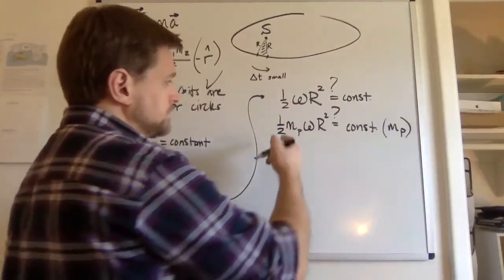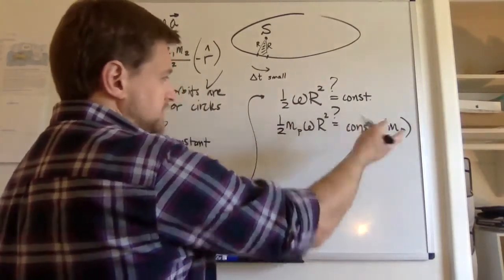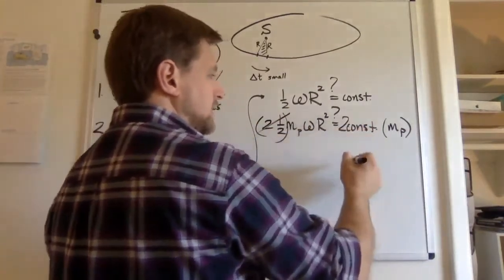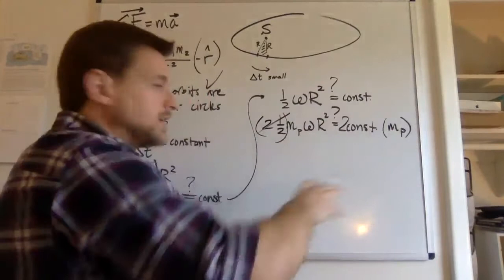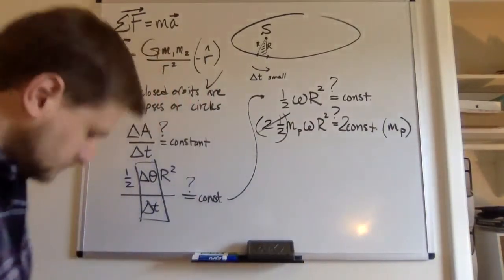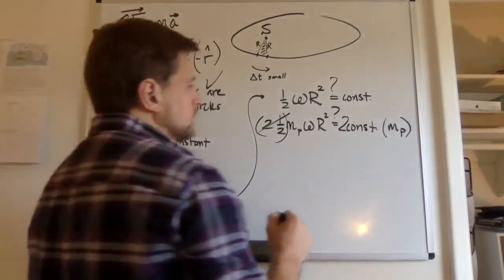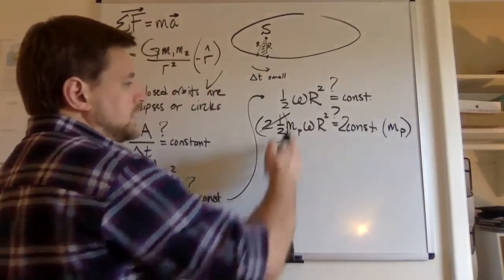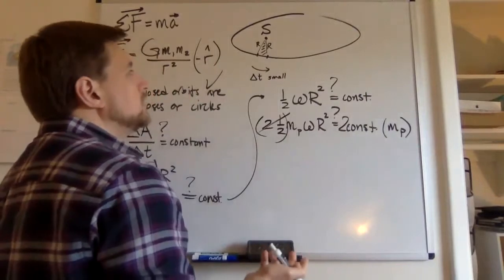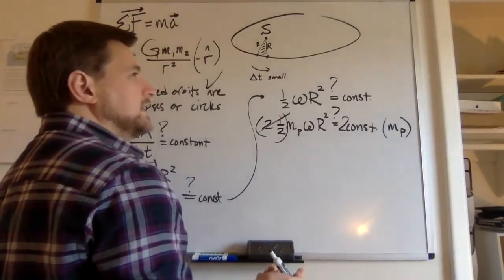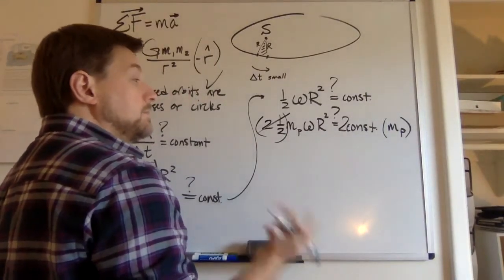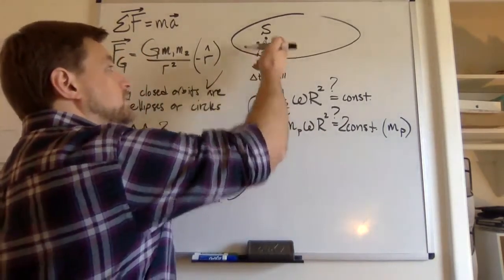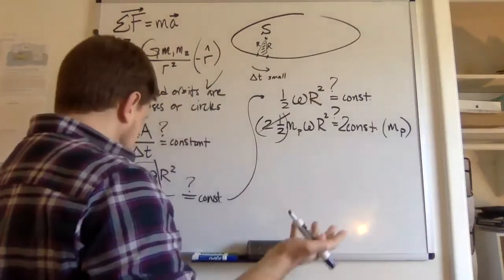And for that matter, let's multiply both sides of the equation by 2 so that we can get a cancellation there, and we'll just pile all the constants over on the right-hand side. m r squared is the mass moment of inertia of a single mass rotating around a point, right?